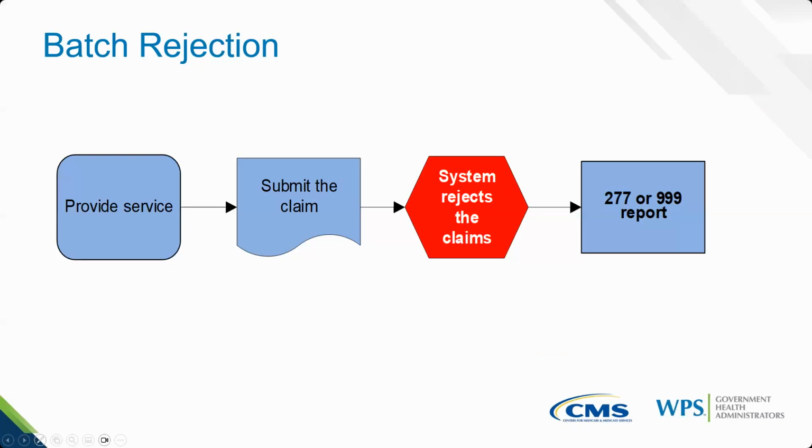Of course, the provider is going to render the service, submit the claim, and then the system will reject the claim if it's not in a content format that is required. When that happens, or when a claim comes into the system, there will be a 277 or 999 report available.